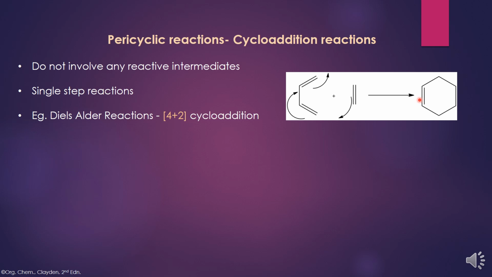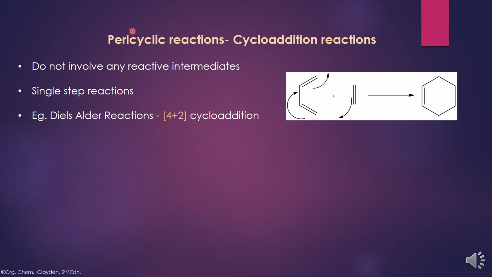It does not involve any multi-step. Here is shown an example with the Diels-Alder reaction, and here we can see a single step leads to the product. So the main basic point of a pericyclic reaction is that it does not involve a reactive intermediate, and it proceeds via a single step mechanism.